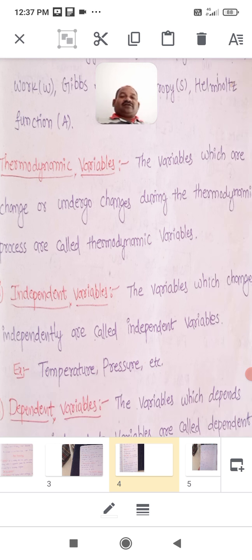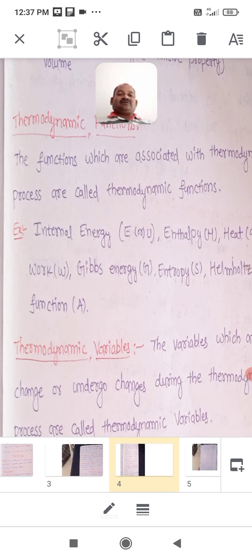Again, I repeat. What are the thermodynamic functions? The functions which are associated with the thermodynamic process are called thermodynamic functions. They are internal energy, enthalpy, heat, work, Gibbs energy, entropy, and Helmholtz functions. Thermodynamic variables: the variables which undergo changes during the thermodynamic process.